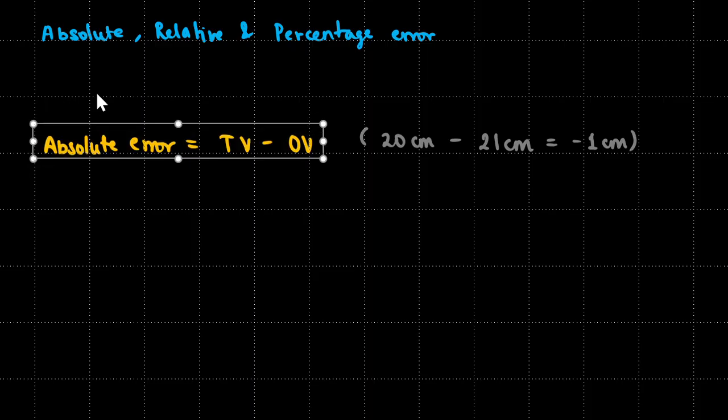And the second one that we are going to talk about is relative error. Whenever the word relative comes up in English, it might mean someone in your family, but when we're talking about physics, it's always with respect to something. With respect to what?